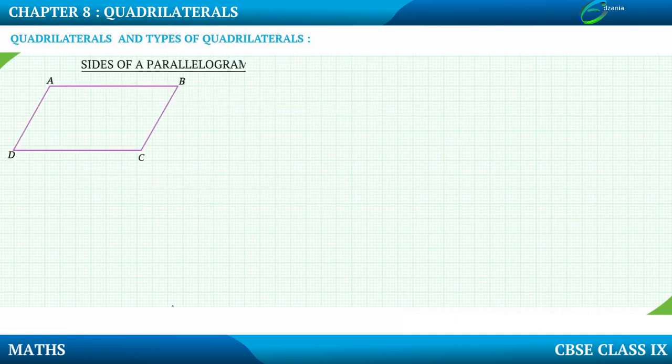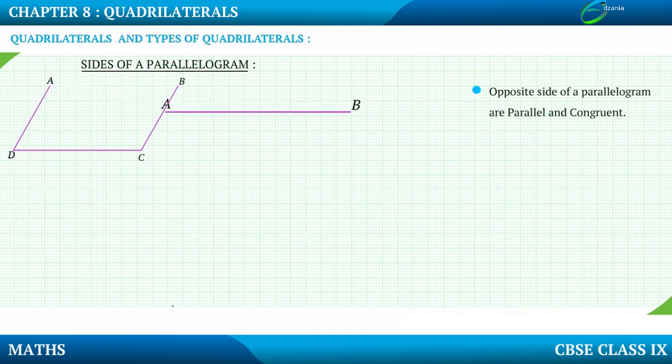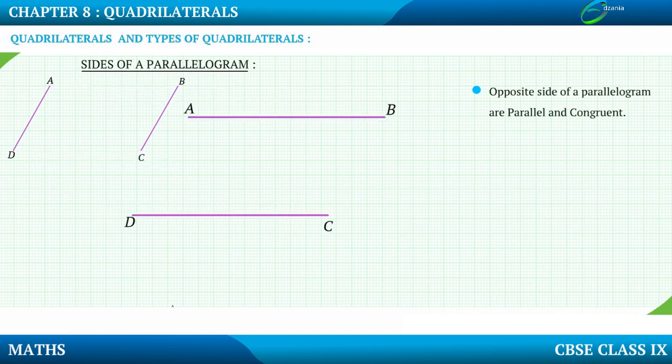Sides of a parallelogram. The opposite sides of a parallelogram are parallel and congruent. AB and DC is the first pair of parallel sides. AD and BC is the second pair of parallel sides.